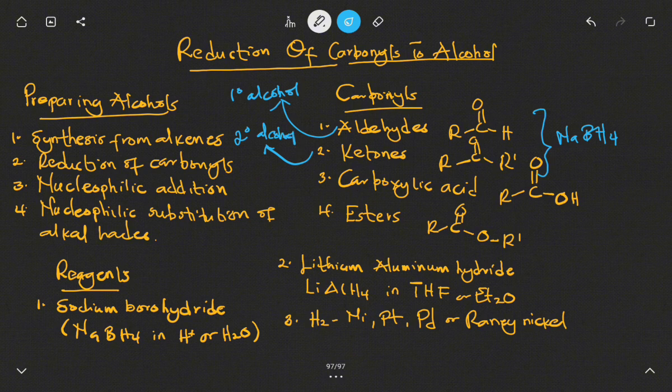Alright, so let's look at the mechanism involved in using sodium borohydride to reduce a carbonyl to give you an alcohol. Alright, so I'm going to put here sodium borohydride.